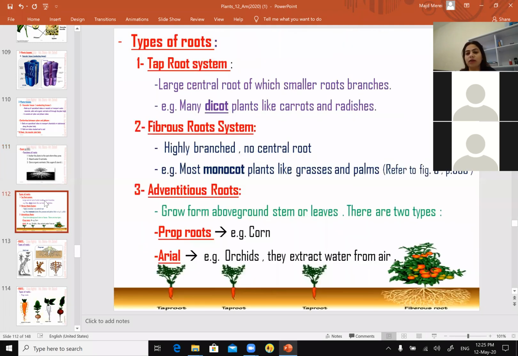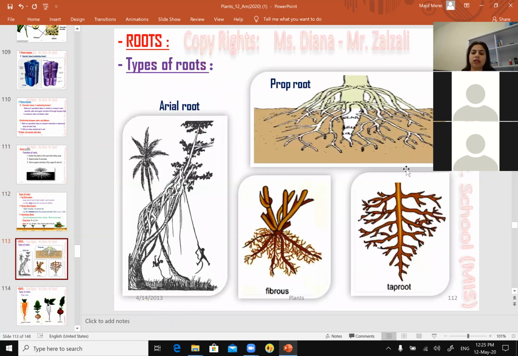And even in lower grades, you learned the different types of roots. If you remember, the tap root system, fibrous root system, and adventitious roots, which include prop roots and aerial roots. In the tap root system, we said that there is what? A large central root, from which smaller roots branch. So in this diagram, you can notice the tap root having the main root at the center, from which many smaller branches of roots are found.